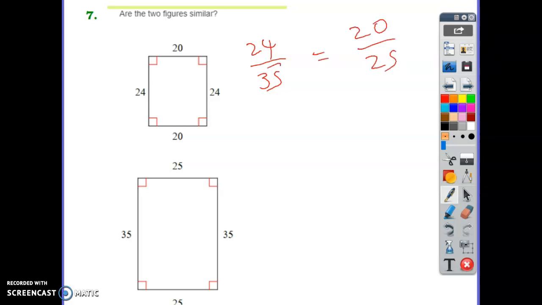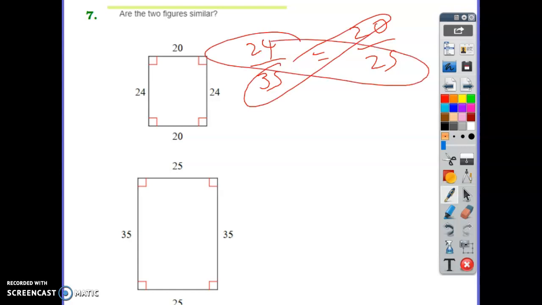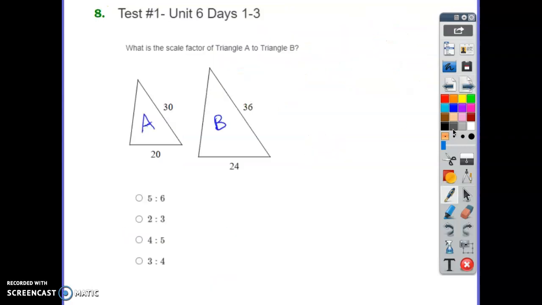I'm just going to multiply 20 times 35 and 24 times 25 and see if they're equal. And they are not. You can also divide 24 by 35 and 20 by 25, and you'll see that they're not the same, so they're not similar. Those sides are not proportional.